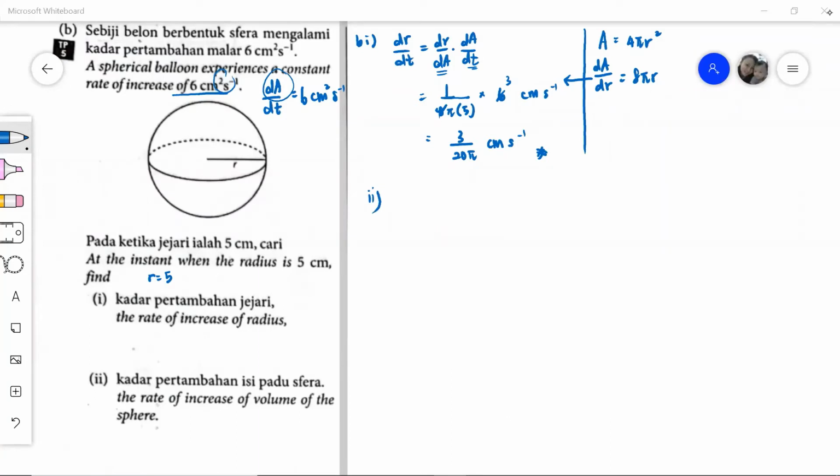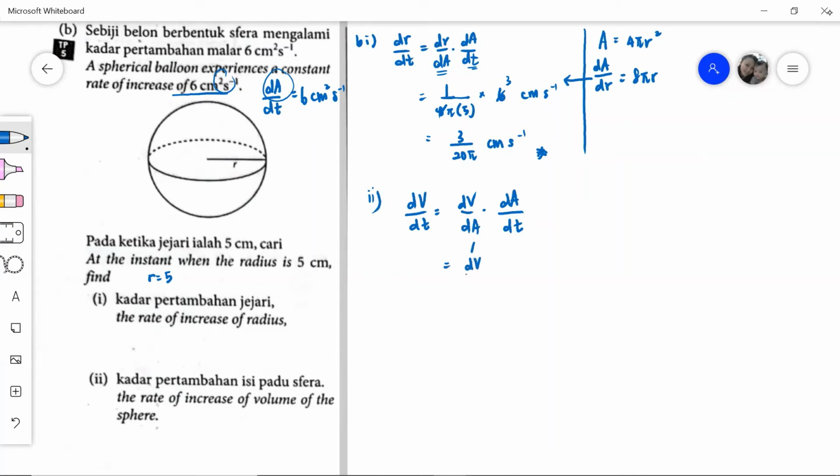Part 2, we need to find the rate of increase of volume of the sphere. So dV by dt. Again, we use the chain rule. And now what should we use to chain together? Shall we use dA by dt? But what is the relationship between V and A? I do not have a direct relation or equation that relates V and A. So I have to continue to split this one.